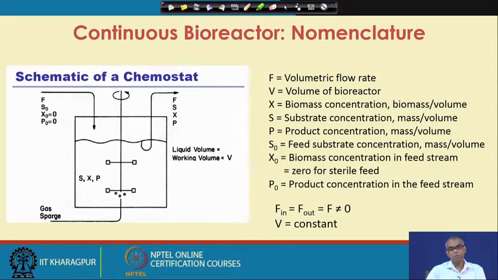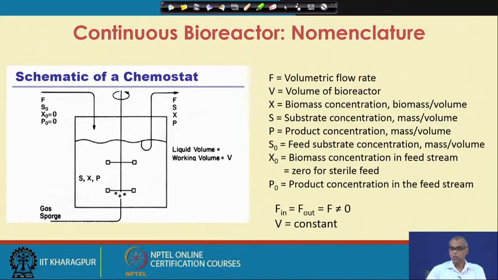Volume of the bioreactor may be liter or meter cube, etc. X is biomass concentration. So, this is gram biomass per unit volume. S is substrate concentration, again mass per volume, so maybe gram per liter. P is product concentration, again mass per volume, maybe gram per liter.